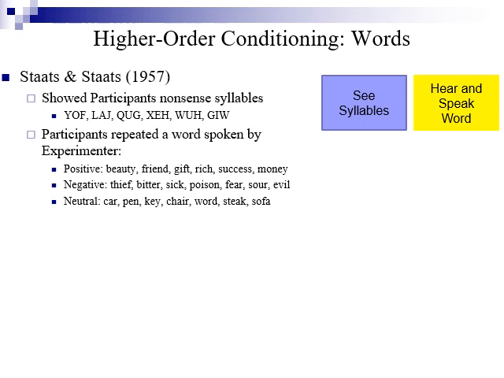The participants were instructed to repeat a word that was spoken by the experimenter. So they would see one of these syllables, and the experimenter would say a word, and the participant was instructed to repeat the word that the experimenter said.